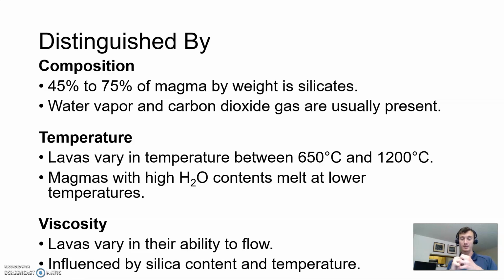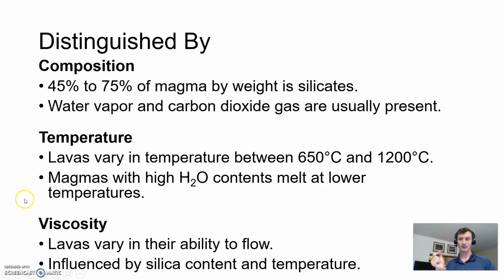And when you have a lot of those, it is really hard to spread things out. When you have only a few of these chains holding the magma together, it's very easy to spread it out. So stuff which is low silicate is going to flow easily because it has low viscosity, low flow resistance.